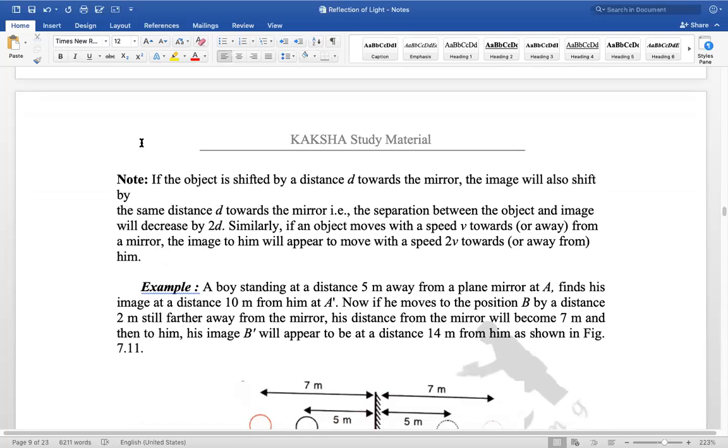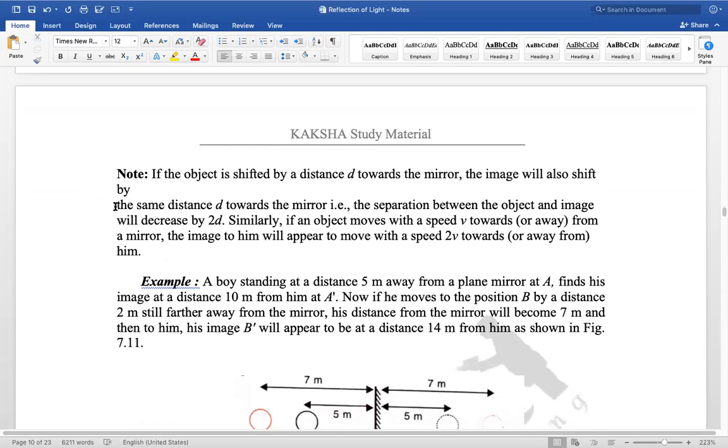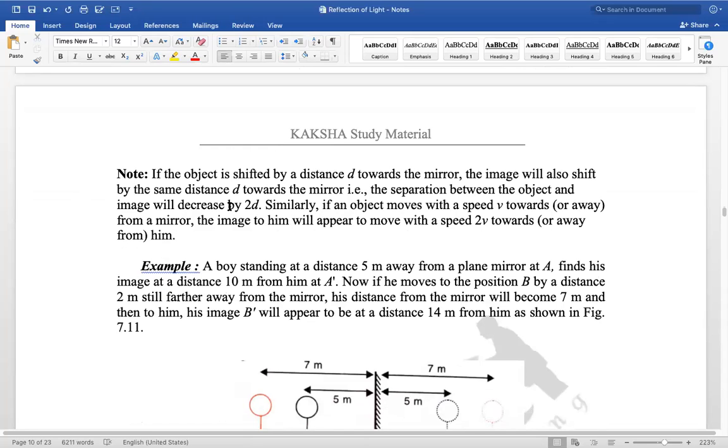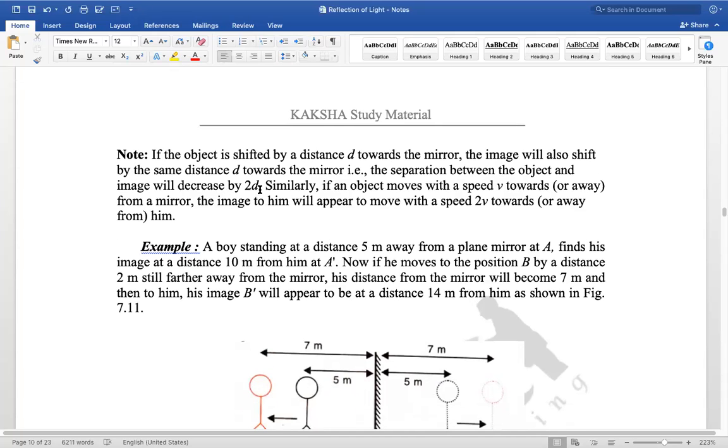Note that if the object is shifted by a distance d towards the mirror, the image will also shift by the same distance d towards the mirror. तो जब ऑब्जेक्ट शिफ्ट करता है डी डिस्टेंस से मिरर की ओर तो इमेज भी डी डिस्टेंस टुवर्ड्स द मिरर शिफ्ट कर जाएगा. दैट इज द सेपरेशन बिटवीन द ऑब्जेक्ट एंड इमेज विल डिक्रीज बाय 2d, है ना. तो अगर डी डिस्टेंस से ऑब्जेक्ट शिफ्ट करेगा इमेज भी डी डिस्टेंस से शिफ्ट कर जाएगा टुवर्ड्स द मिरर एंड द सेपरेशन बिटवीन द ऑब्जेक्ट एंड द मिरर चेंजेस बाय 2d.